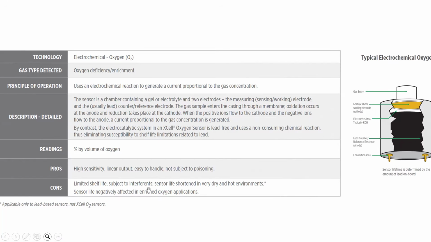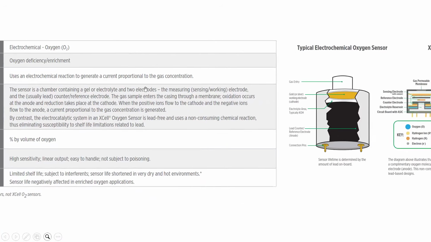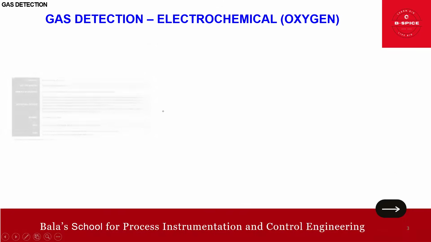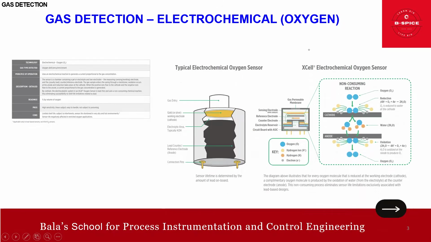Limited shelf life, subject to interference, sensor life shortened in very dry and hot environments, which is for the lead type actually. Sensor life negatively affected in enriched oxygen applications. This is all about the lead type electrochemical oxygen. Now I will explain the advanced XL one.